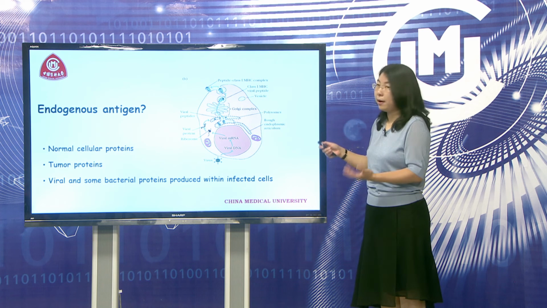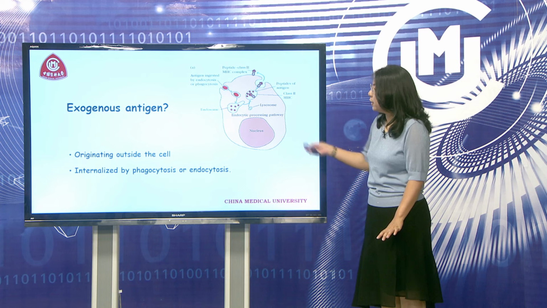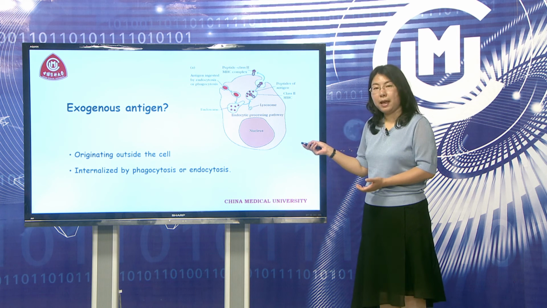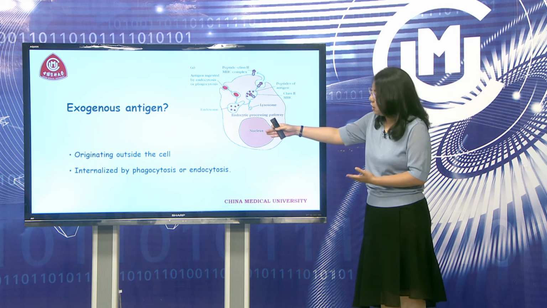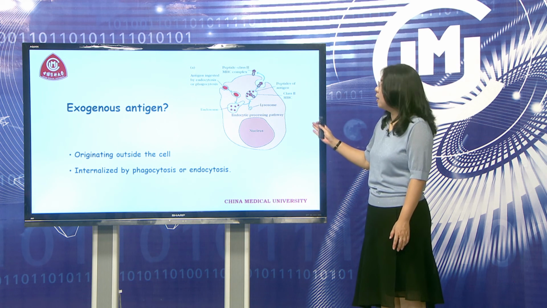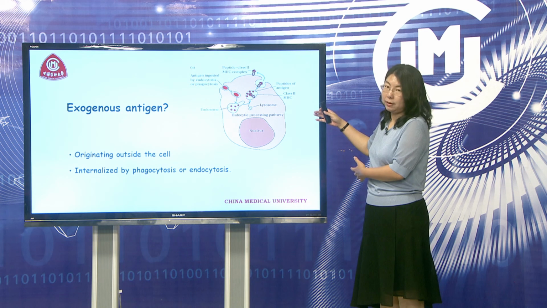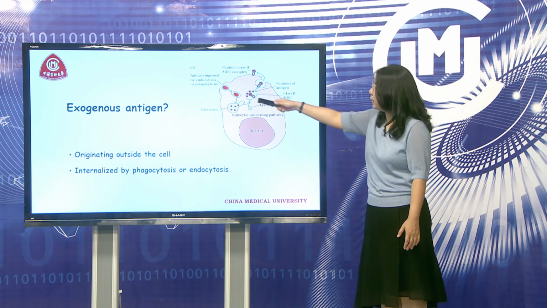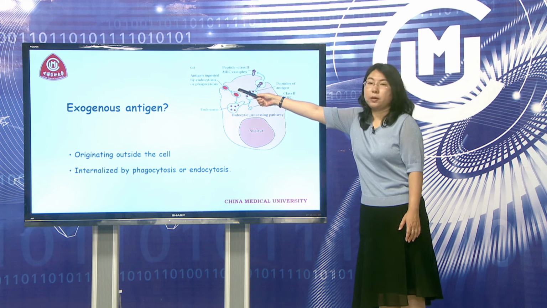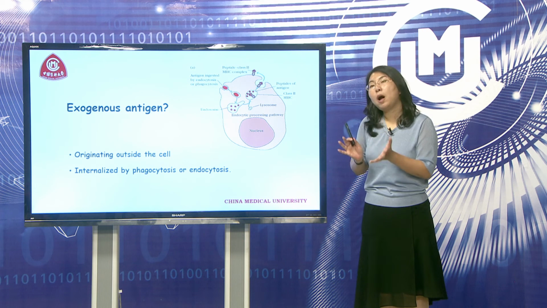So let's compare. If you do not understand, it's okay, don't worry. Here, what is exogenous antigen? It originates outside the cells. For example, some extracellular bacteria. Here, this is the extracellular bacteria. These grow, multiply and proliferate outside.